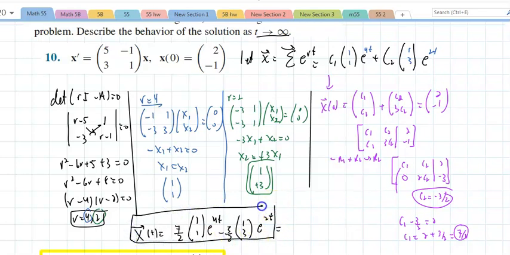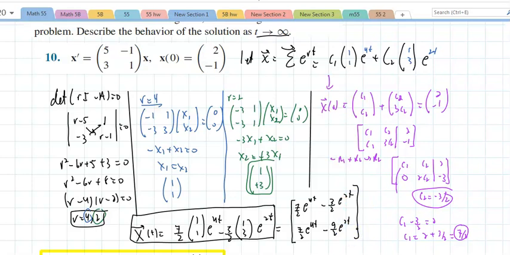I just want to show you how this looks normally. You could say that is 7/2 e to the 4t minus 3/2 e to the 2t, 7/2 e to the 4t minus 9/2 e to the 2t. You don't have to, that's what it is.